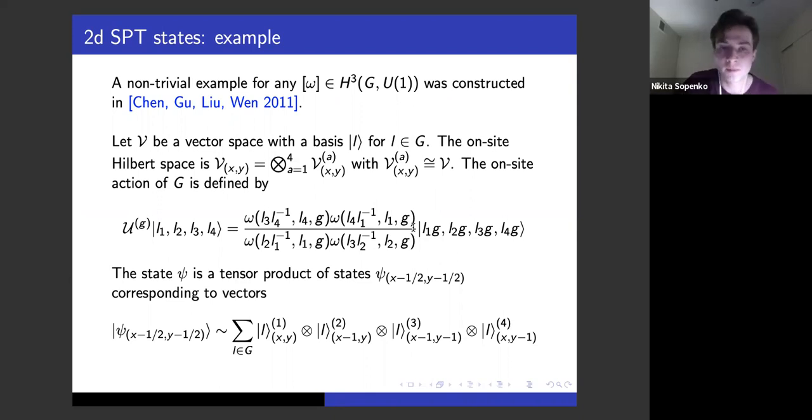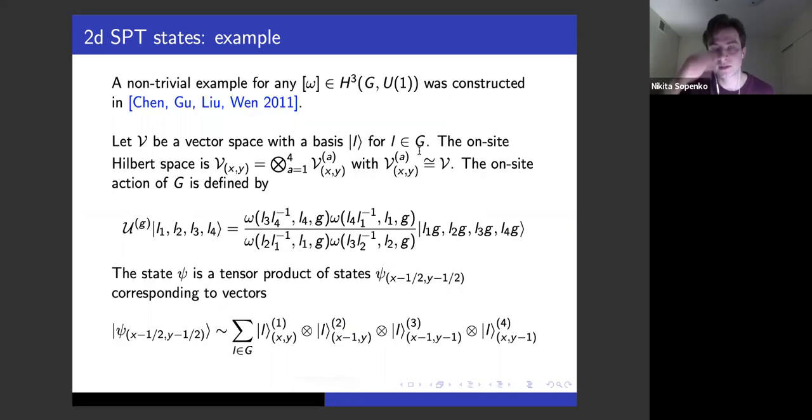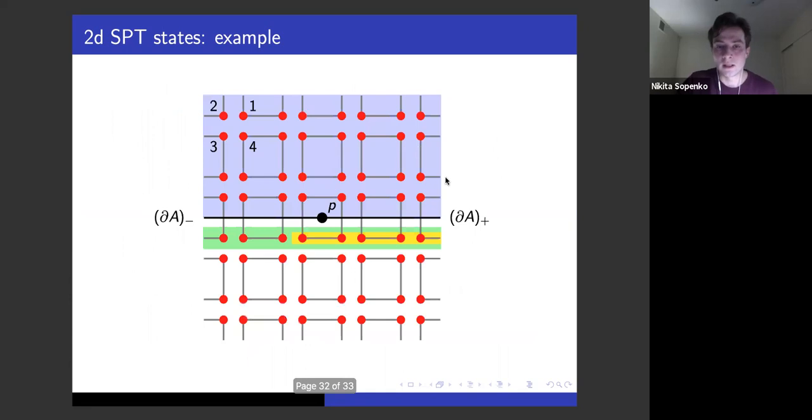And let me first show the picture of how it looks. It's kind of similar to the one-dimensional case, but now it's a square lattice. So we have sites consisting of 4 different Hilbert spaces with the basis parameterized by the elements of the group. And the different Hilbert spaces of a single site are entangled with the neighbors, as in this picture.